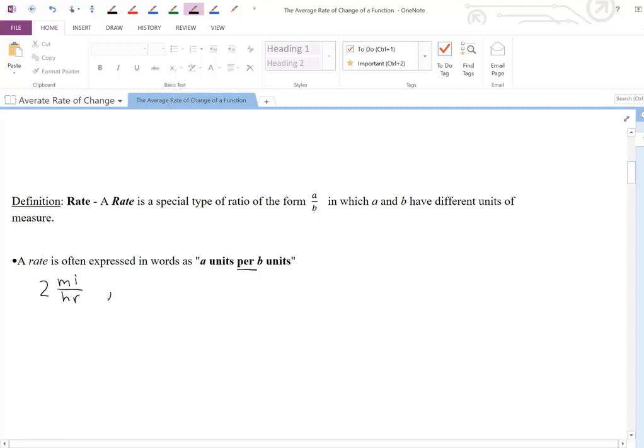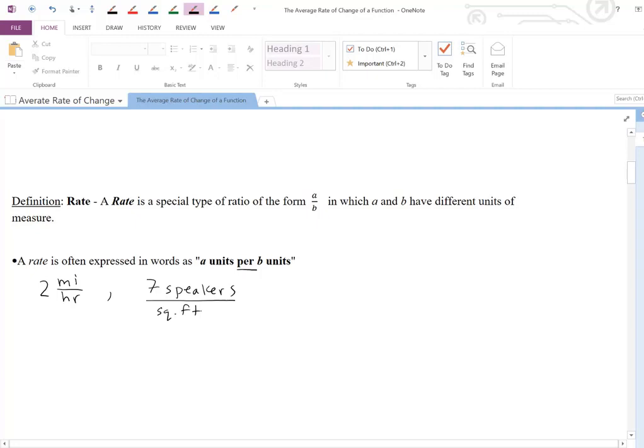Or make up something silly like 7 speakers per square foot. Numerator, speakers units. Denominator, square feet units. So you can make up any ratio like this that you want, and when it's relevant, it can have a nice significance depending on the situation.